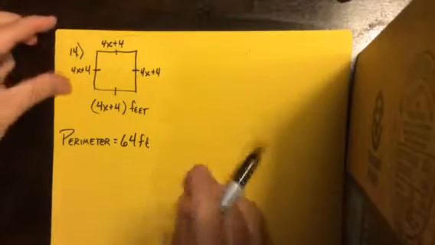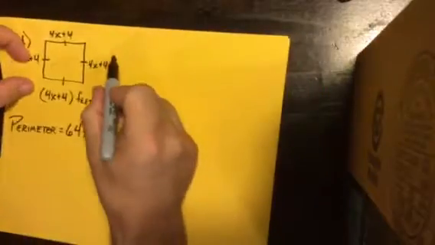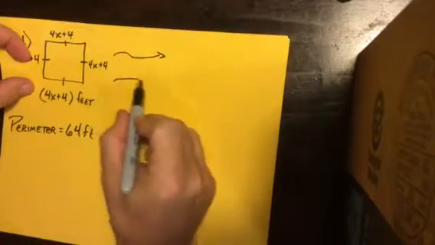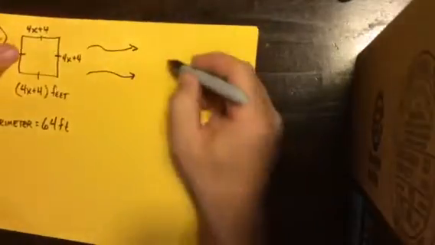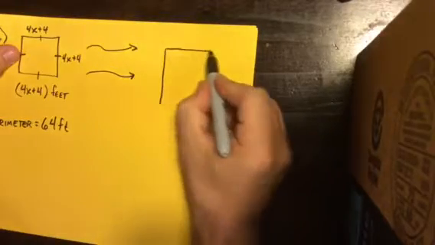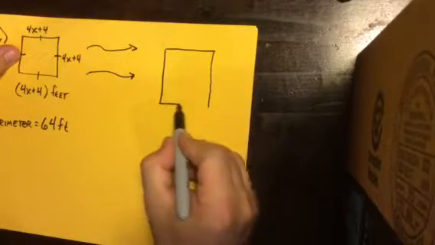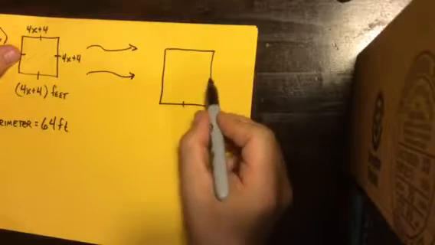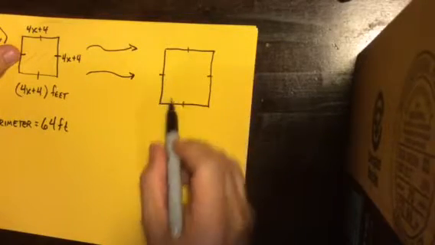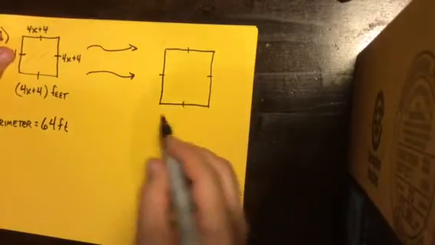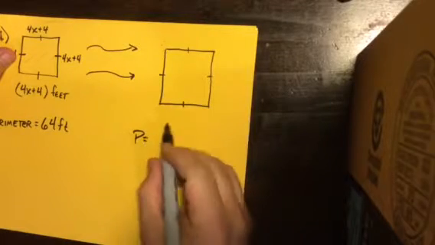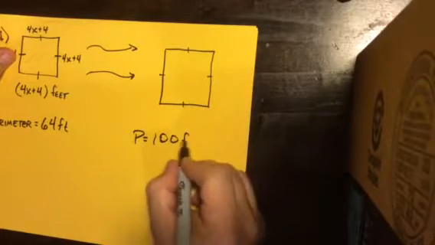Now, if that's a little hard to comprehend, let's go over here to the, I don't know, dream world. And let's say that at one time, my dad built a dog pen, a square dog pen. Since it was square, all four sides are the same, and let's say the perimeter this time is 100 feet.